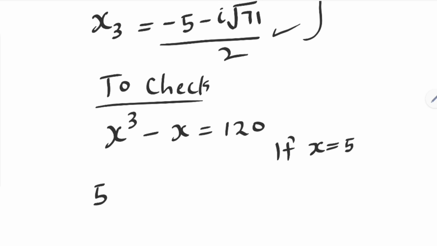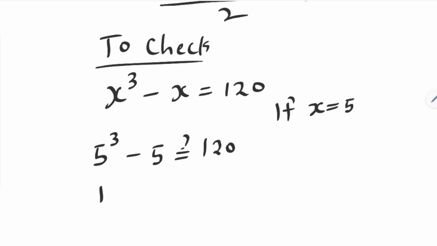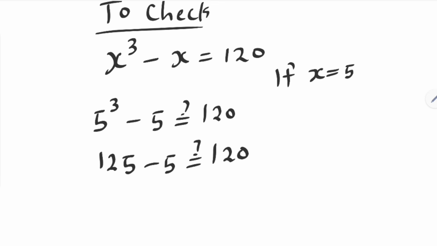This is 5 raised to power 3 minus 5 must be equal to 120. 5 raised to power 3 is 125, minus 5 must be equal to 120. And of course, 125 minus 5 is 120, which is equal to 120, which is true.